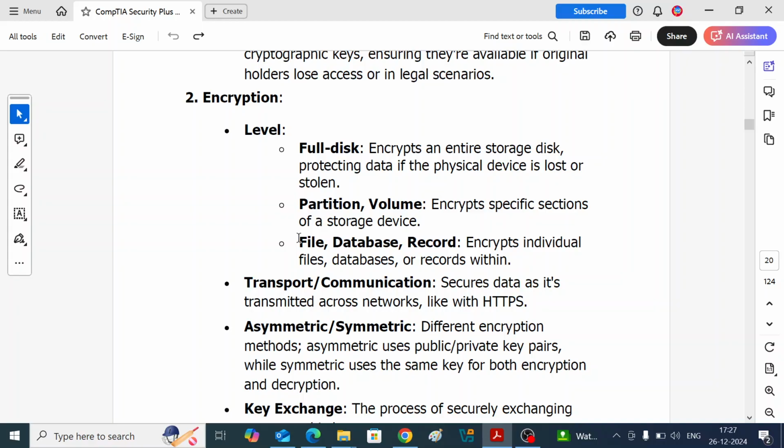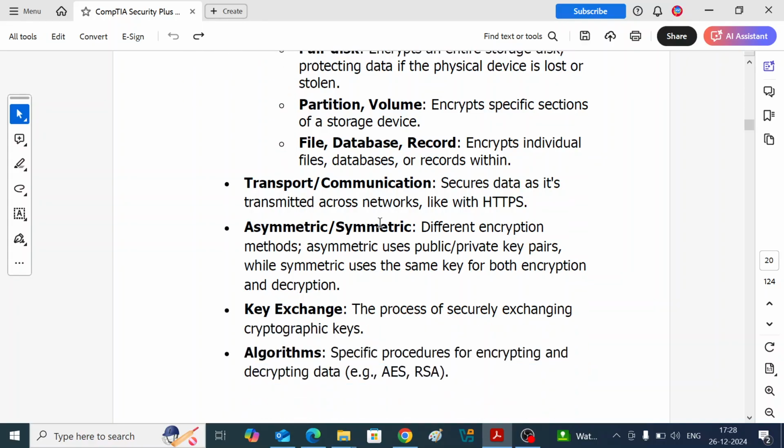Because man in the middle attacks, which we also call on path attacks, can really get their hands on your important, confidential or secret data, and this can result in huge losses, right?